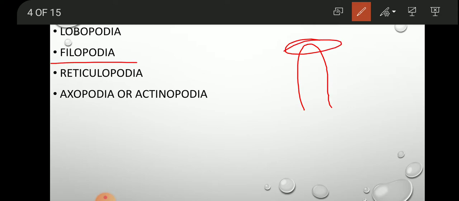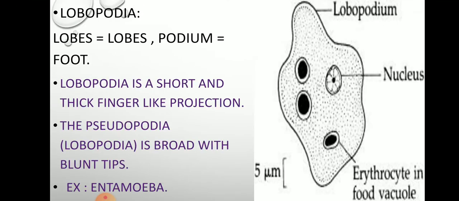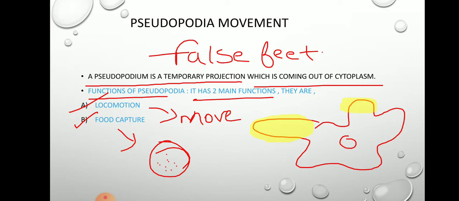And filopodia and reticulopodia. Filo means thread like, and reticulo means net like. Okay, axopodia means axle like. So the pseudopodia locomotion is completed.